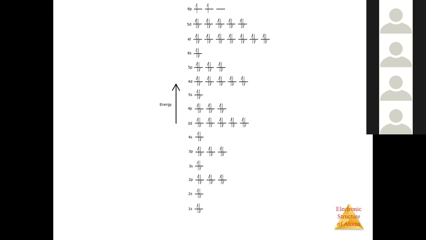Okay, 6p, 2 electrons. And I've forgotten what it is. Would it be barium? No, it's not barium. Barium is in the S's, would end in an S. Barium is 6s2.